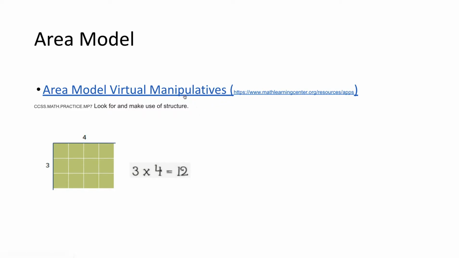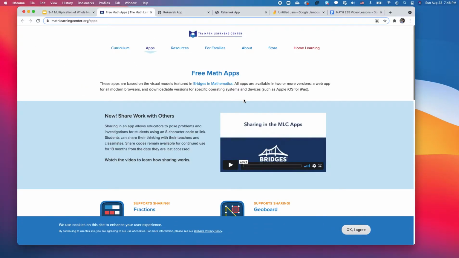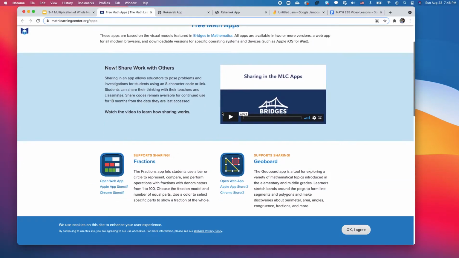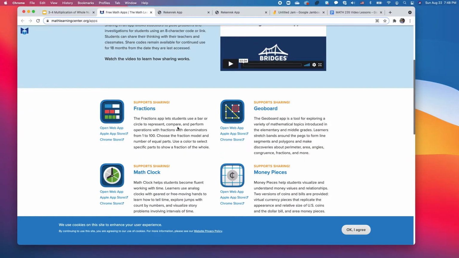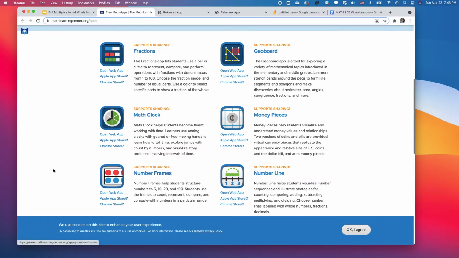This area model is very related to the Common Core State Standards for Mathematical Practice, the 7th one, look for and make use of structure. So take a look at this example. I love this free math app too. This is something that I wanted to introduce you to. It has a lot of good stuff like fractions, GeoBoard, math clock, number frames.